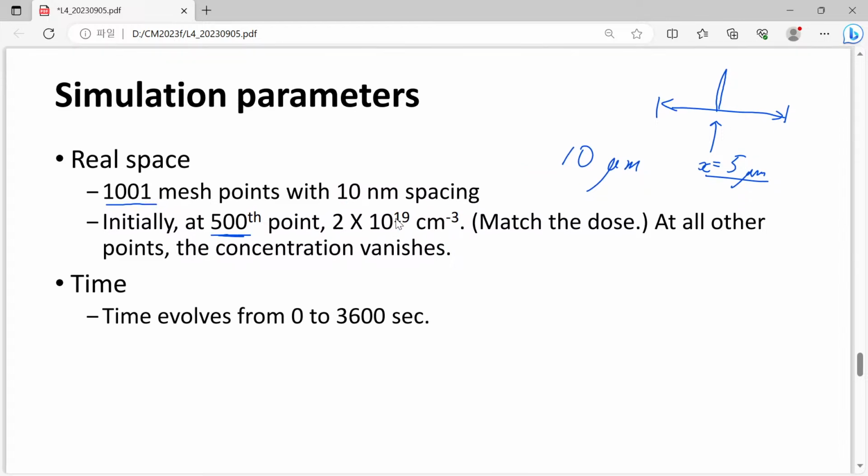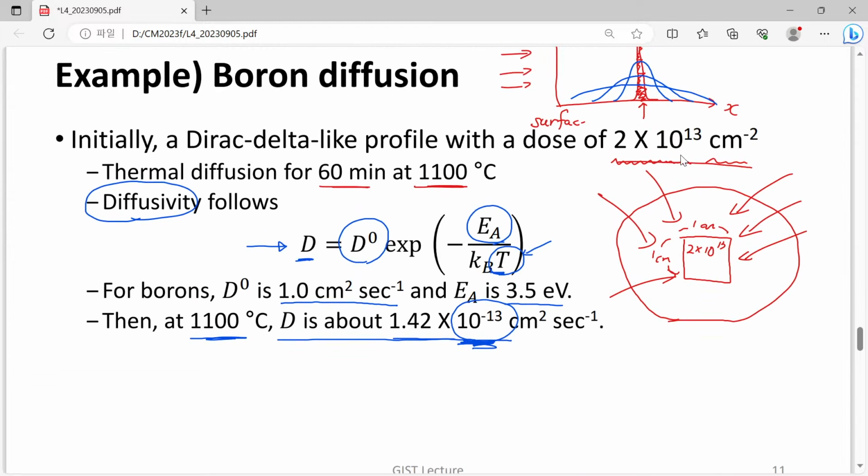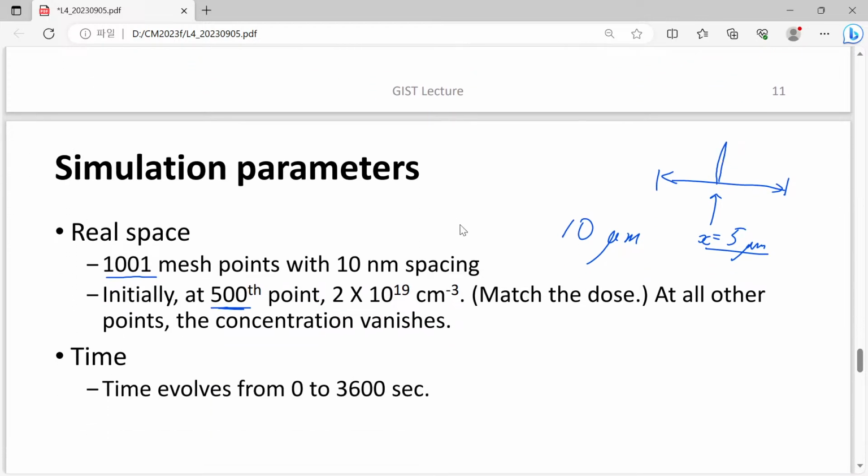Previously, the problem itself gave you quantities like 2 times 10 to the 13 per square centimeter, but I'm using a different number and different unit. It is intentionally done because we have 10 nanometer spacing.